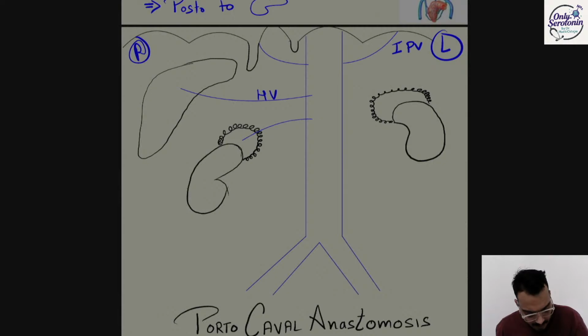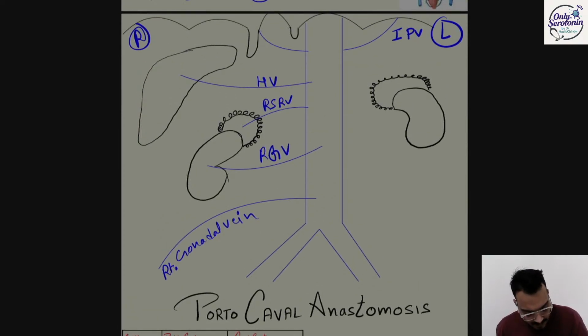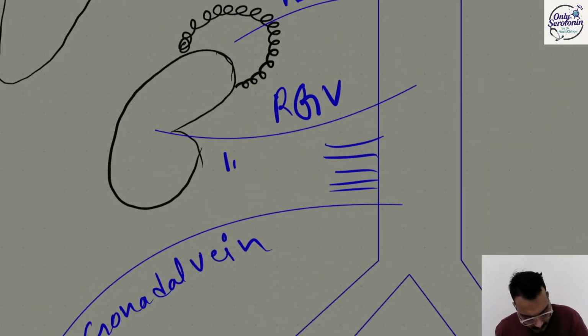This is my right suprarenal vein. This is my right renal vein. And from my gonads, I will have the gonadal vein, right? Also the right gonadal vein. And then I am having small branches. These are known as what, guys? These are known as my lumbar veins.